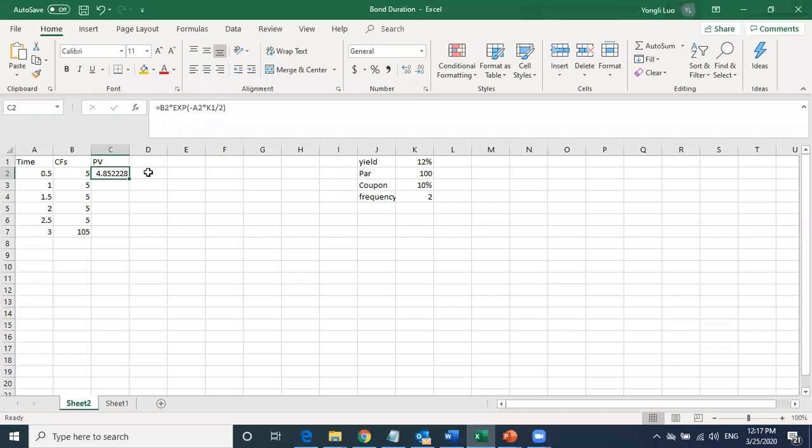So if you do the present value divided by 1 plus the yield divided by 2 and raised to the power of the time t. Okay, this is not continuous compounding, so it is semi-annual compounding.